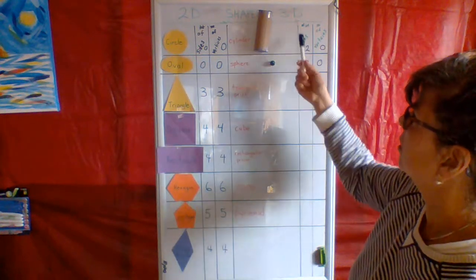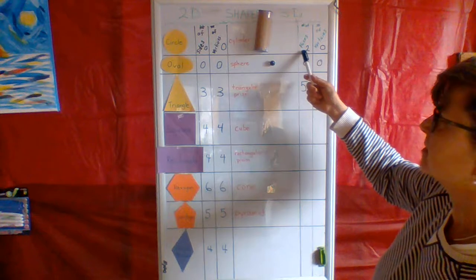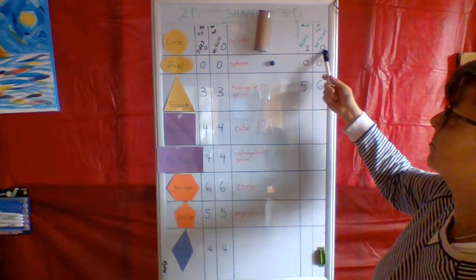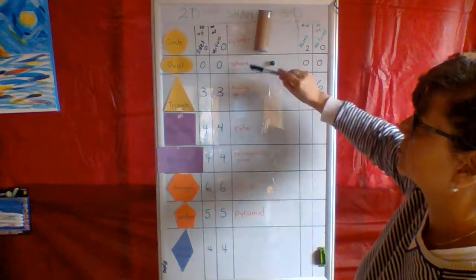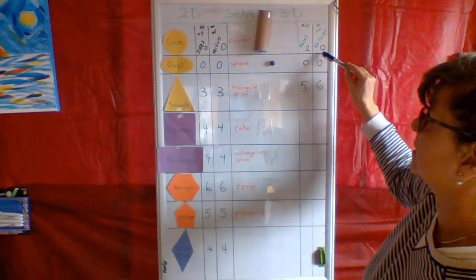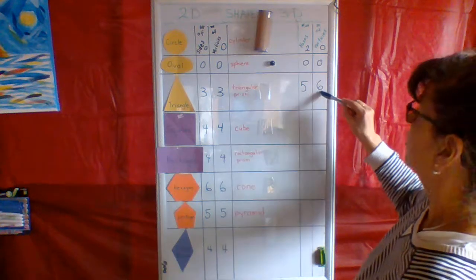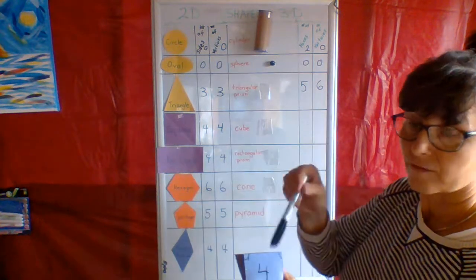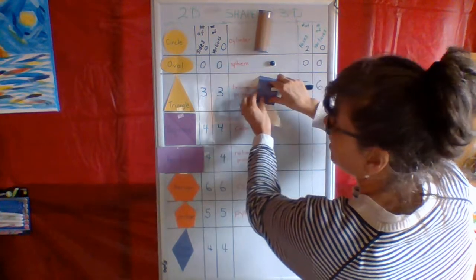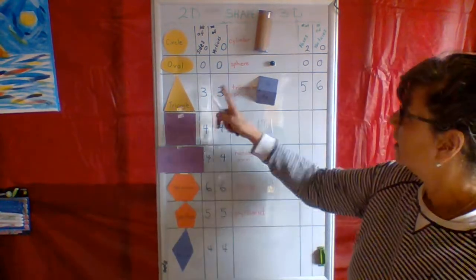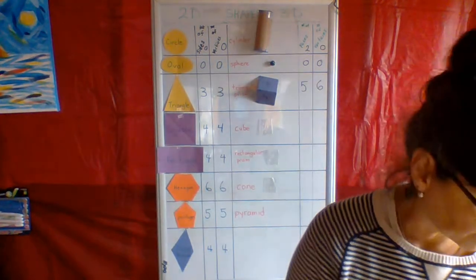But for our 3D shapes, the number of faces are not identical to the number of vertices. So here we had 2 faces, but no vertices. Here we've got 5 faces, but 6 vertices. Interesting. So that's another aspect of 2D and 3D shapes that differ.